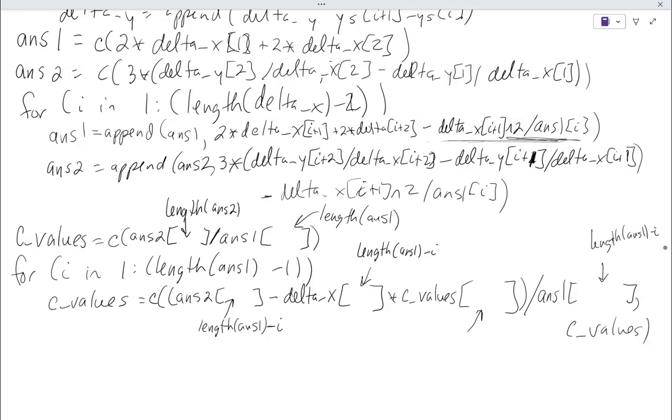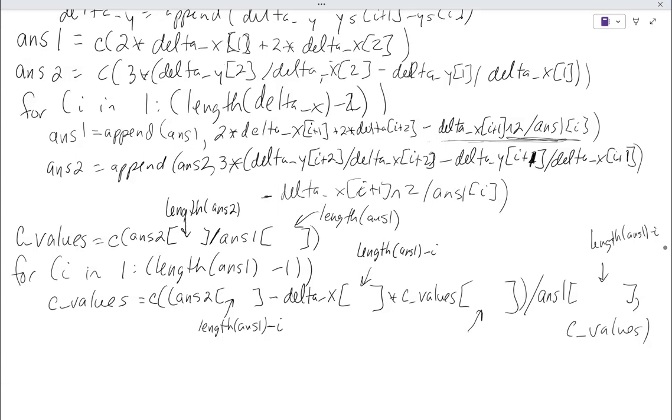How about this one? I think we can figure out how to do this one. The way we have this command written, where is that value going to get put in the list? At the start of it, right? What number in the list do you want to use when you go backward up the list every time now? The first thing we put on the list was the Cn minus 1 value, whatever that happened to be, right?